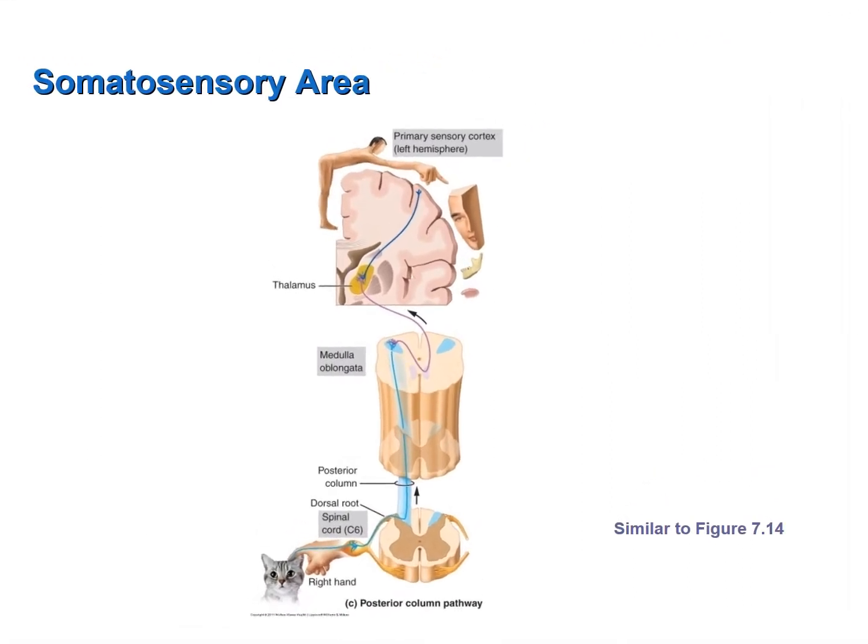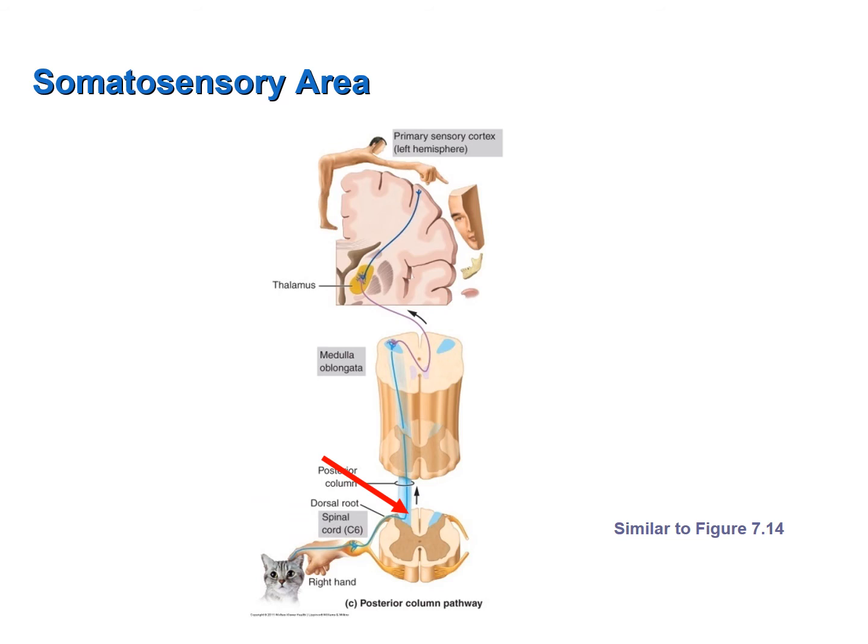This figure from your book illustrates the pathway by which sensory impulses are sent from sensory receptors in the skin to the somatosensory area. Let's say you were to touch a cat with your right hand. Sensory receptors would send sensory impulses into the spinal cord.